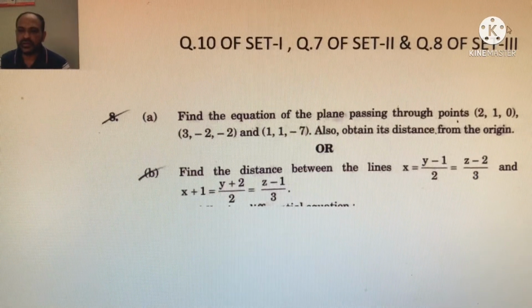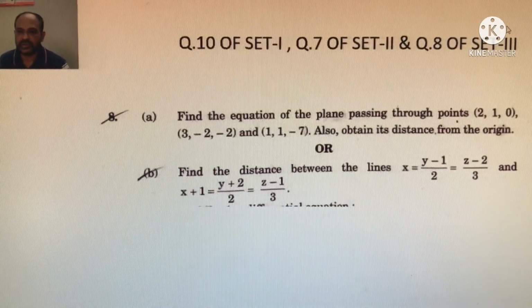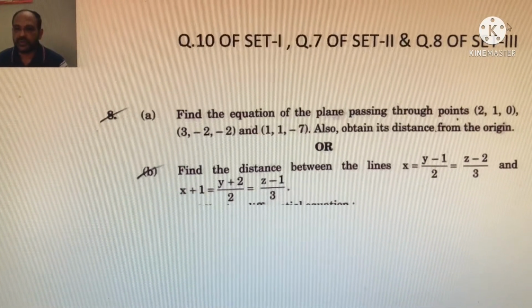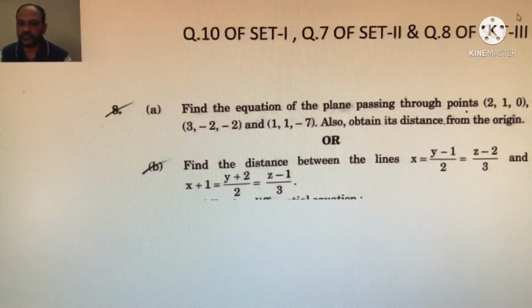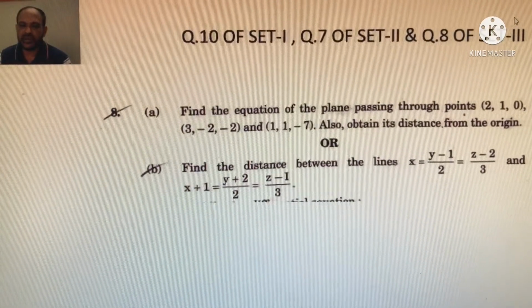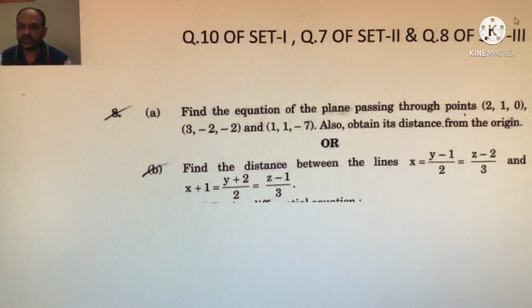This question is in question number 10 of set 1, question number 7 of set 2 and question number 8 of set 3.